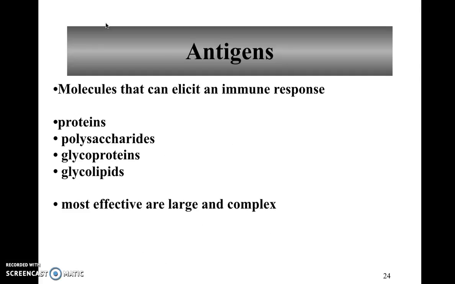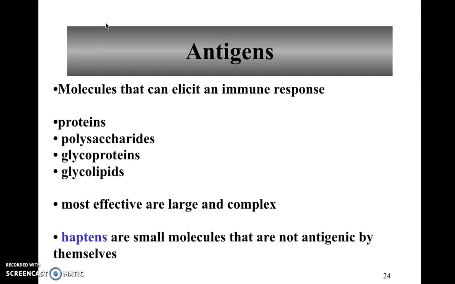The more effective antigens are large and complex in their structure and their shape. Haptens are smaller molecules that by themselves cannot cause an immune response, but when you combine them with other things, they can cause an immune response.